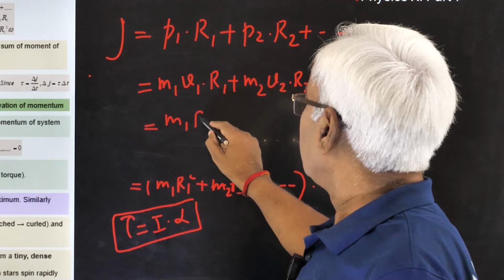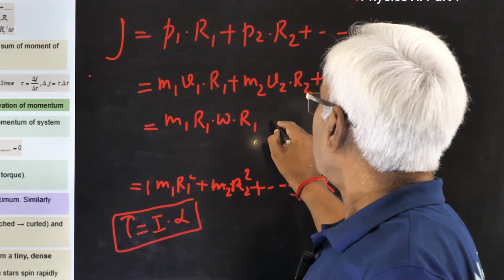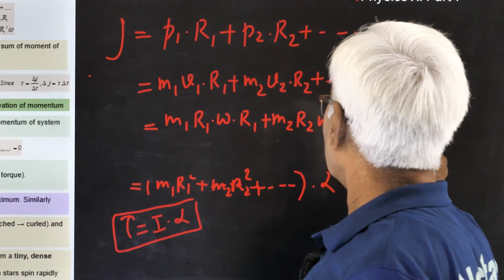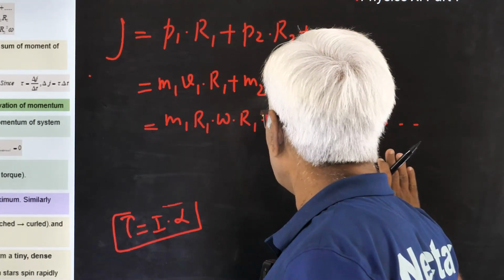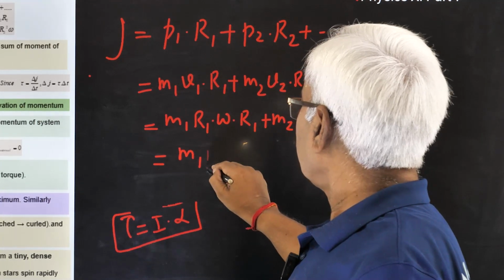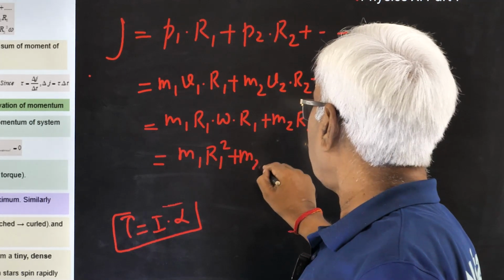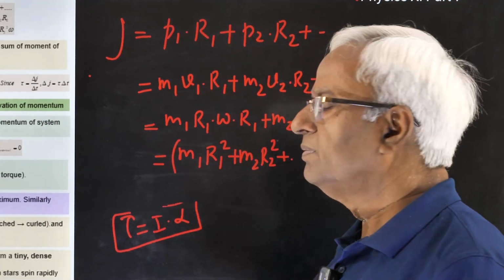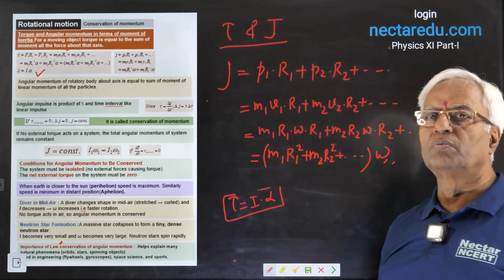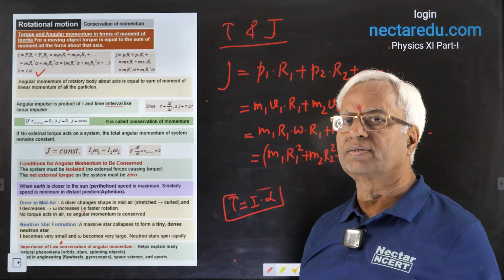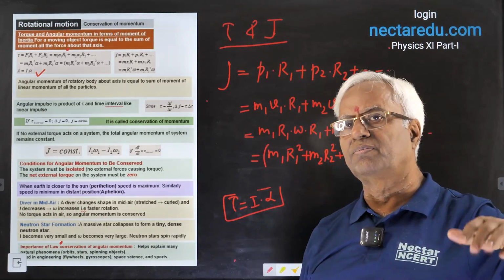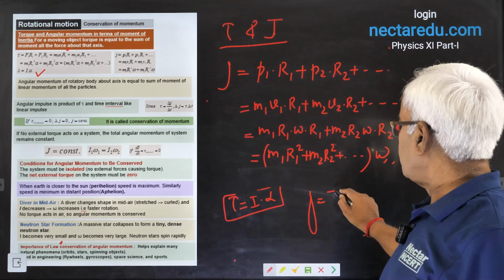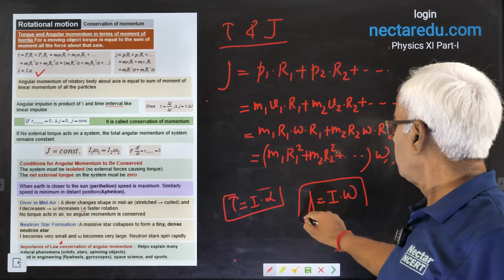It will be R1 omega, R2 omega, M1 R1 square, M2 R2 square and so on, into omega. Again, you see omega is common to all because angular velocity for a rotating body is the same for all the particles. This becomes I omega. You find J equal to I omega.